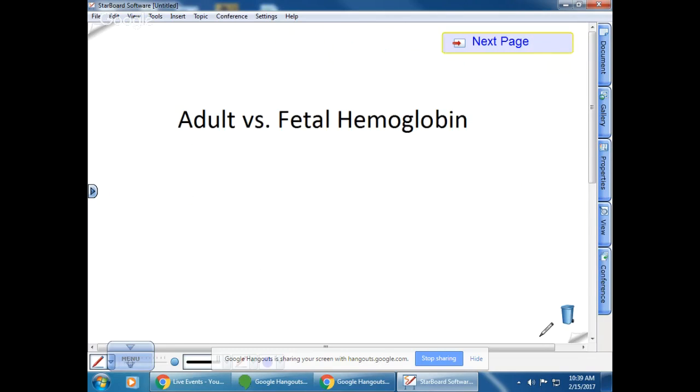Okay, so one of the really interesting things about hemoglobin is that when we're fetuses, we have a different form of it.